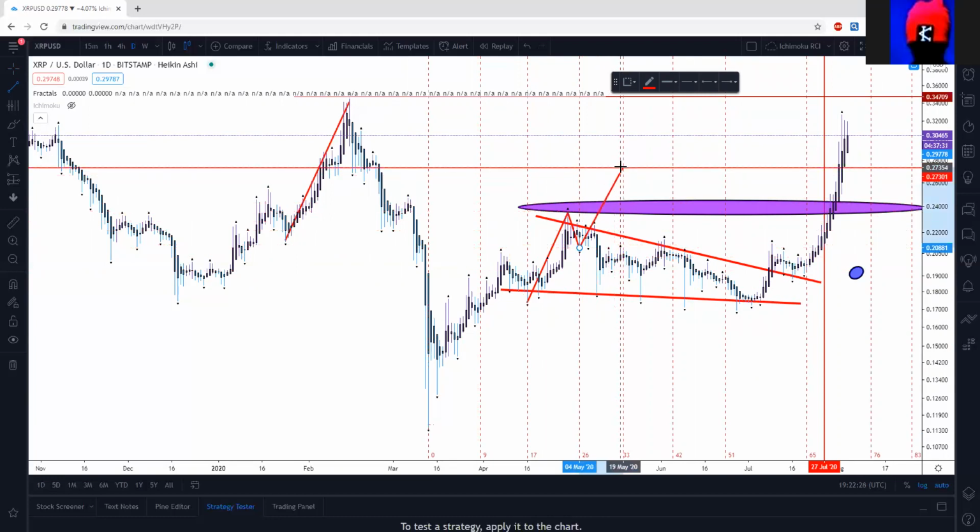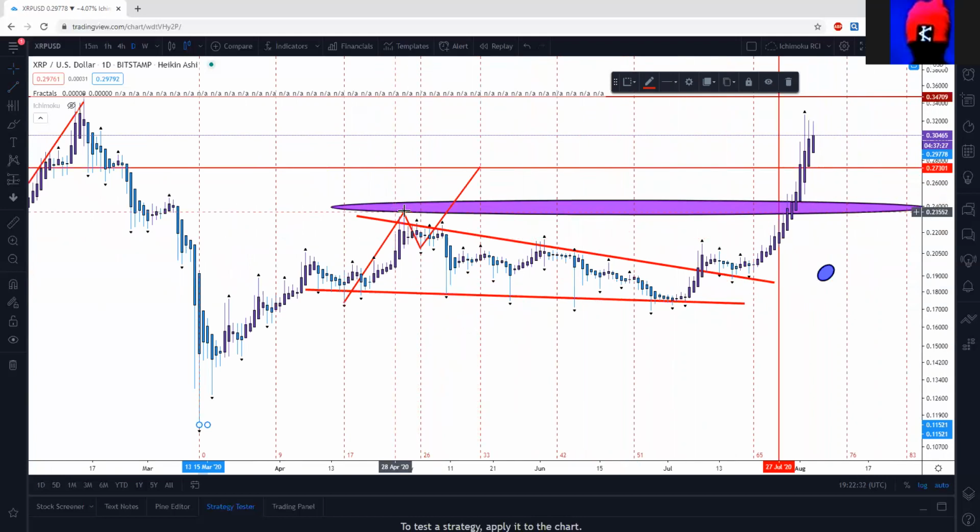So this is what an N wave would have been like. We're looking for an N wave here, but we never got that. Price failed to get above this fractal level, this high. So what ends up happening is price ranges and then drops. If price can't get above that recent high, price is going to fluctuate and it's going to come down. That's how a P wave and a Y wave will form.